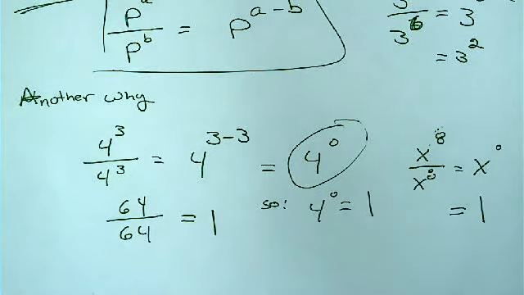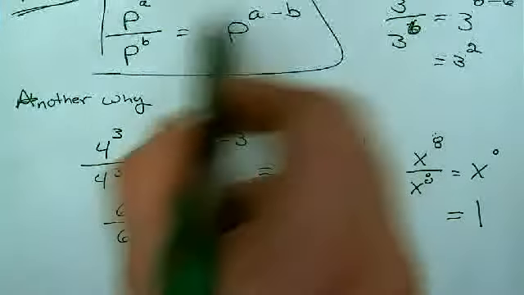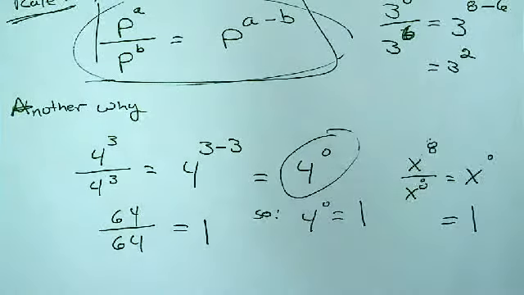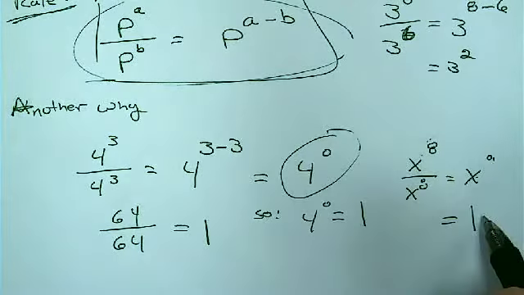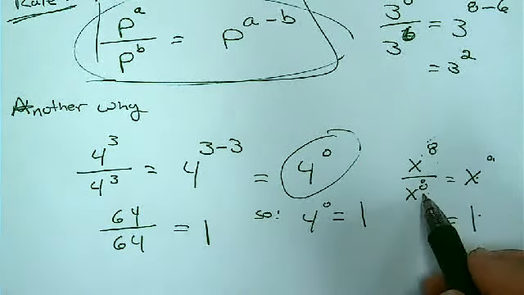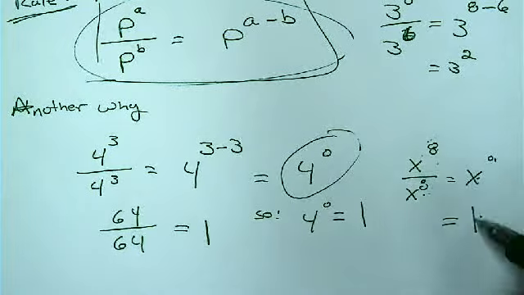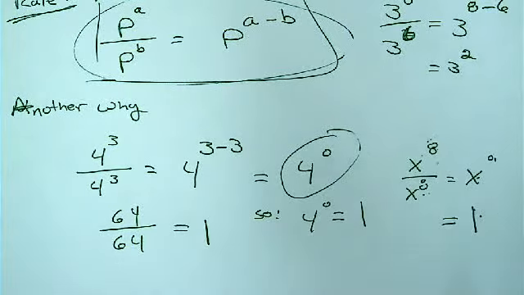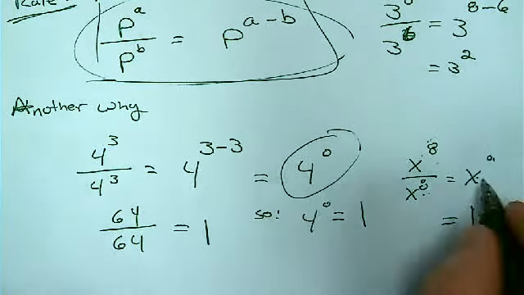So the reason we have this rule from a few sections ago is because of this rule here. The reason that anything to the 0 power is 1 has to do with this idea that if I were to divide it by itself, subtract the exponents, I get 0, and therefore I get 1. The rule works. Anything to the 0 power is 1.